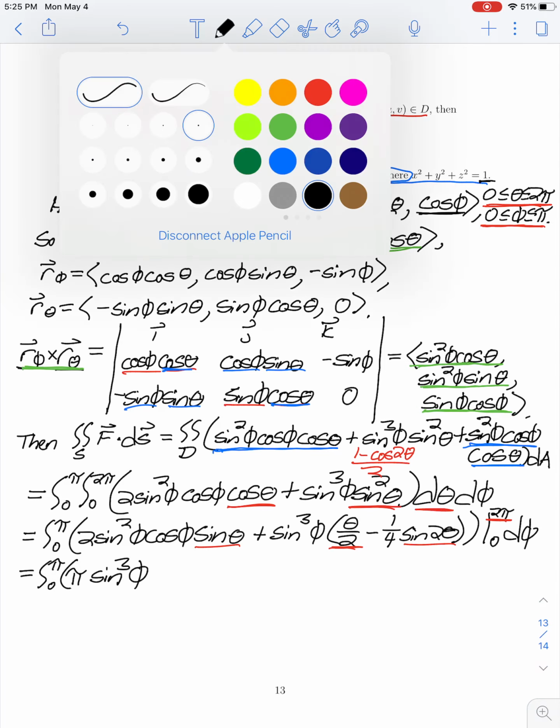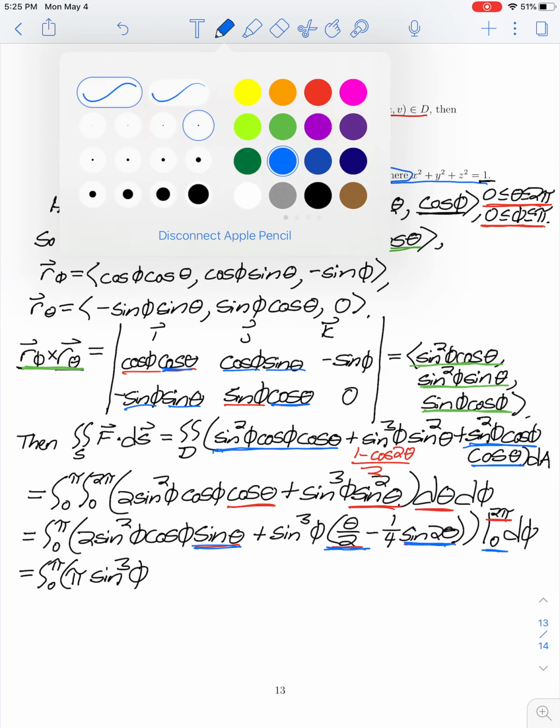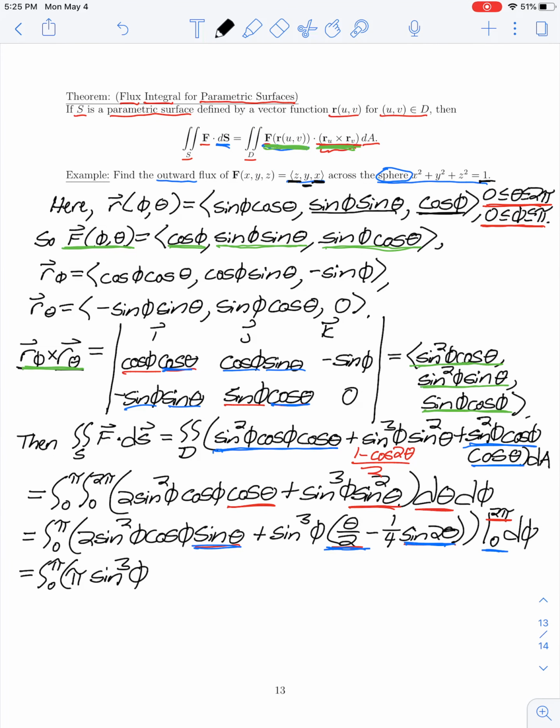And then when we evaluate at theta equals 0, well, sine of 0 is 0. Sine of 0 is again 0, and we have 0 over 2, which is 0. So we're left with only this pi times sine cubed of phi d phi.